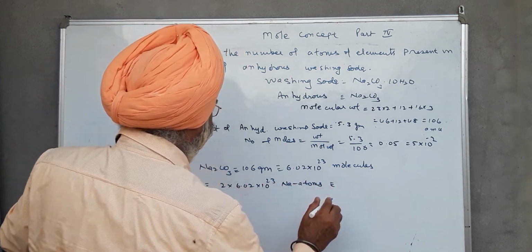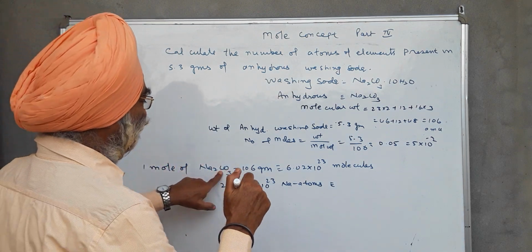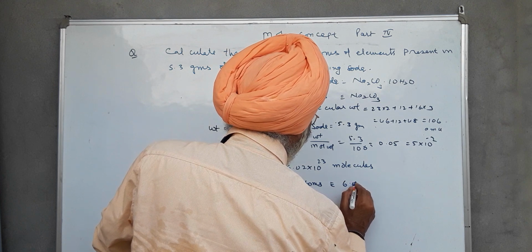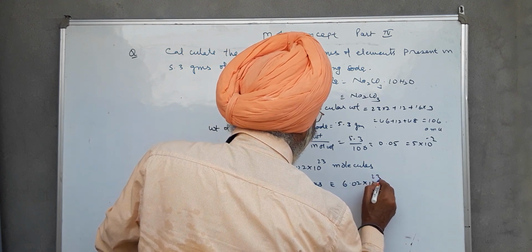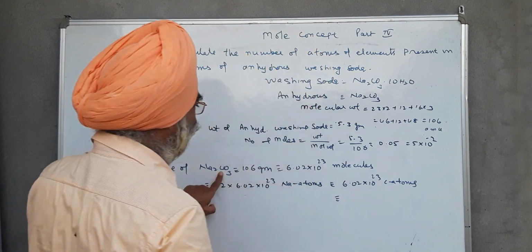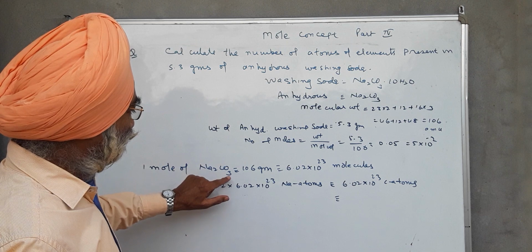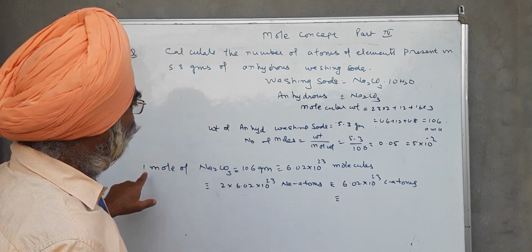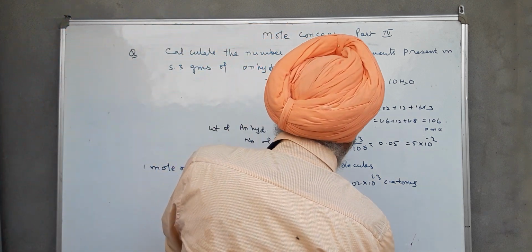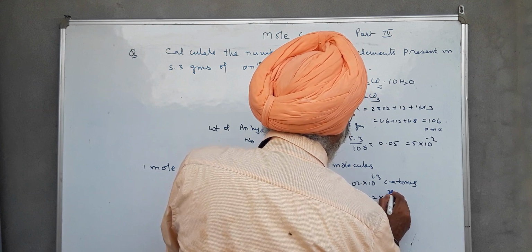The molecule has 1 carbon atom, so Avogadro's number of carbon atoms. And last of all, 1 molecule has 3 oxygen atoms. 1 mole will have 3 into 6.02 into 10 raised to the power 23 oxygen atoms.